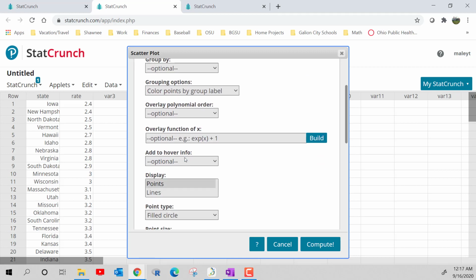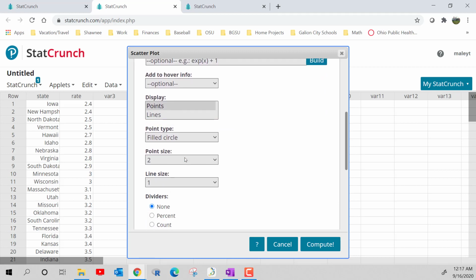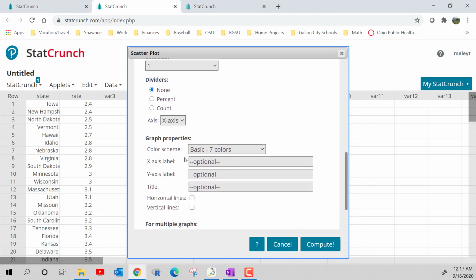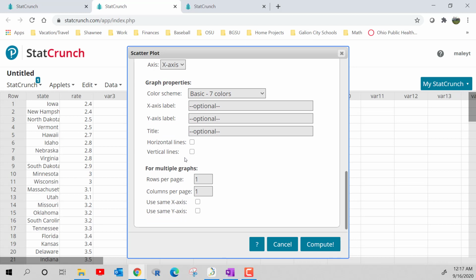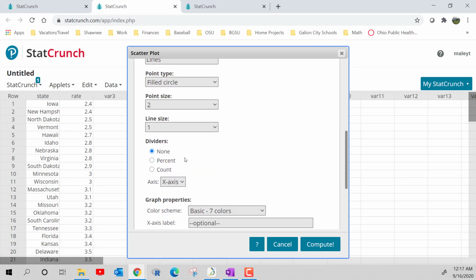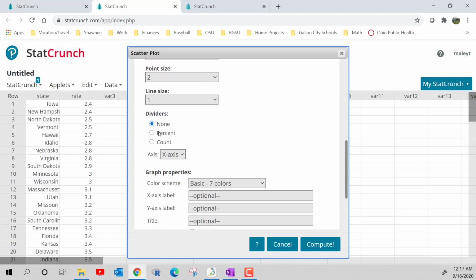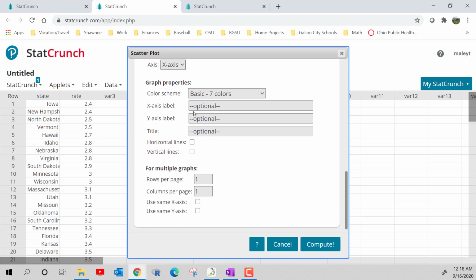And then we just need to pick to display the points and the lines. So I hold down Control to select both, and then we could add x-axis and y-axis labels like we did.